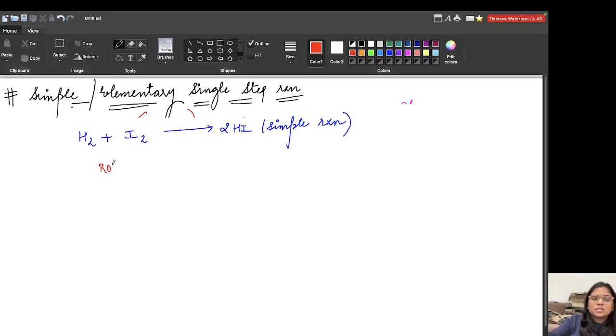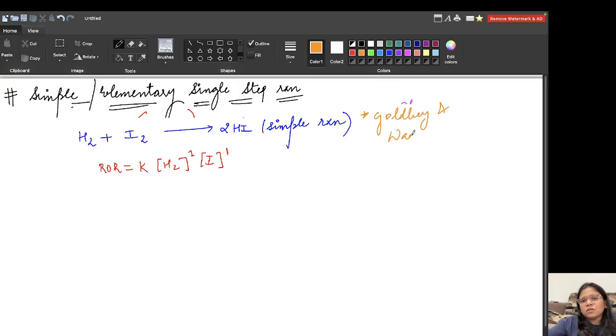Nothing I have to do. Just take K [H2] raised to the power 1 and [I2] raised to the power 1. In simple step reactions, the Guldberg and Waage law of mass action will follow. Just take the stoichiometry for your rate of reaction.